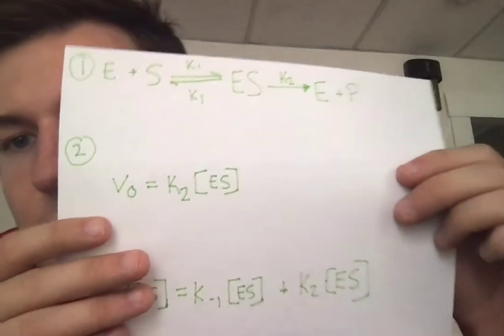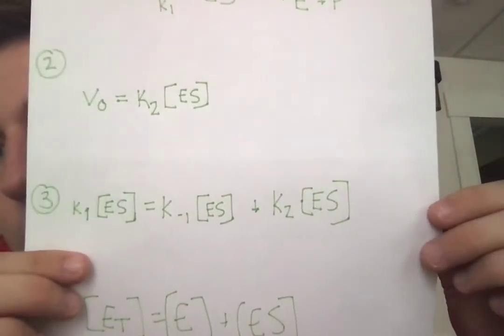Alright, and then for the second part of this derivation, the initial rate of the reaction is written here, that being V0 equals K2 times ES. And so the issue is that we can't know ES because it forms during the reaction. However, we can make the steady state assumption that it is a low concentration that doesn't change because the rate of its formation is equal to the rate of its breakdown.